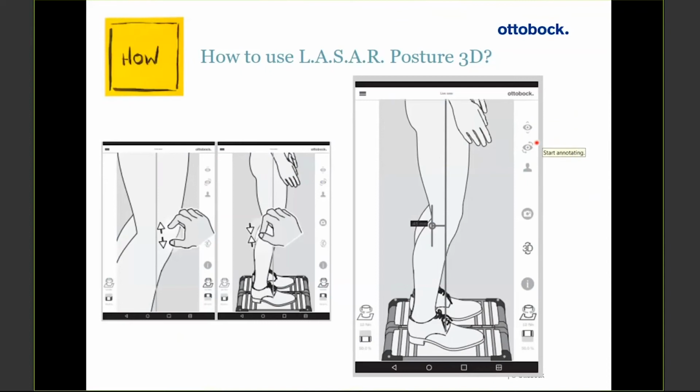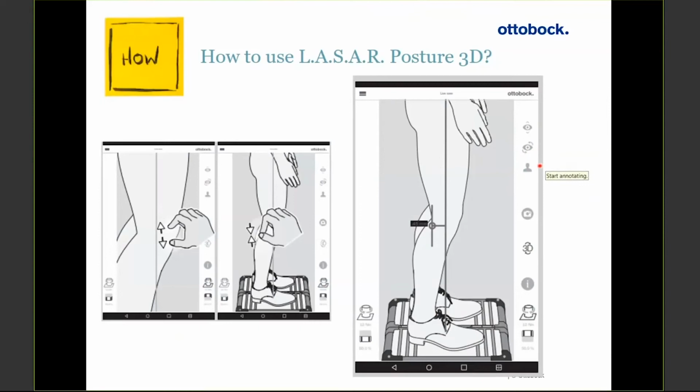The second little eye down here changes between the coronal plane camera and the sagittal plane camera. So you don't need the patient to be moving around on the force plate. There are no safety issues with the patient having to shuffle around. You can easily switch between cameras.